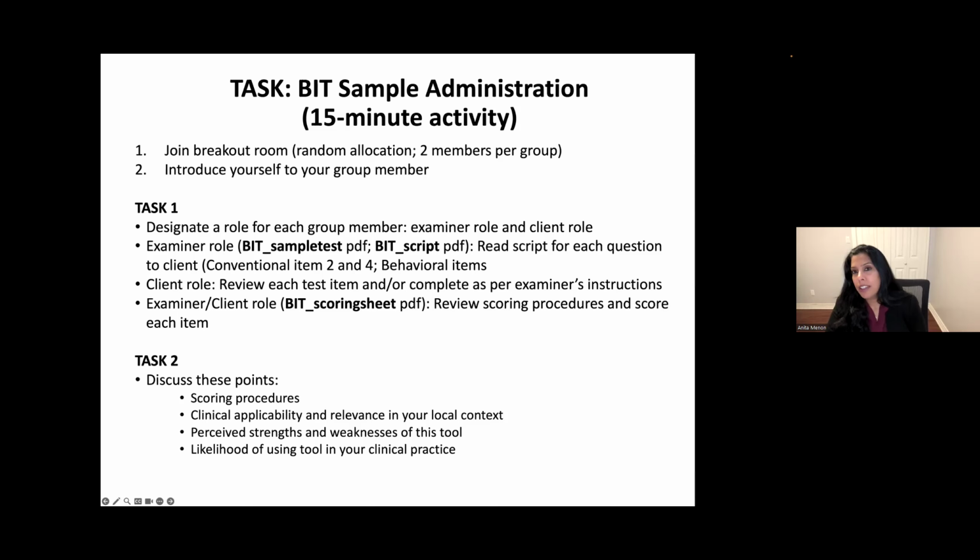Okay, that's great. What's neat about the BIT is that there are these transparencies, or overlays, that come with the testing tools that make scoring quite efficient. I didn't get a chance to show it, but they have these overlays that you can place onto the testing sheets, and you can then score the tools quite easily.